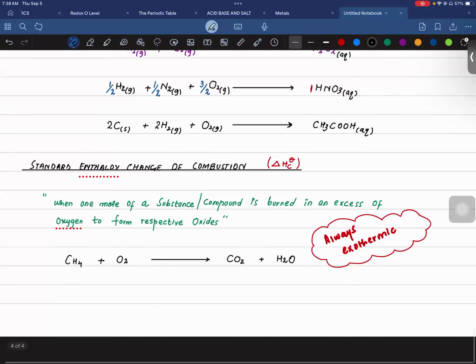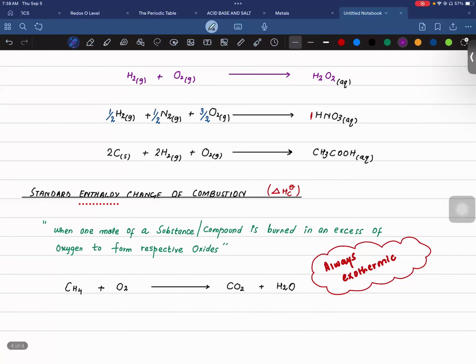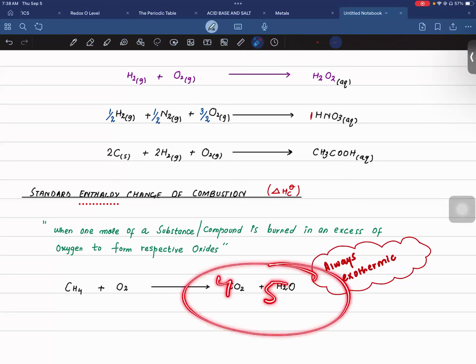So then I need to balance this equation, but remember, in this process, you can put any number on the product side. It may be 1, 2, 3, 4, 5. Don't worry about that, because in combustion we have to take care of this.